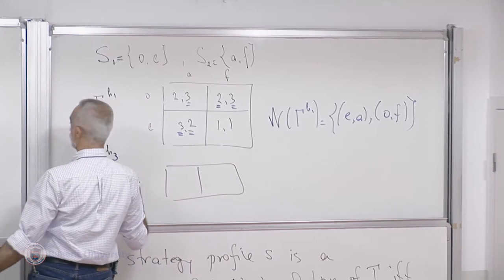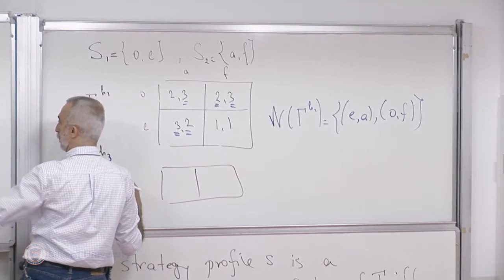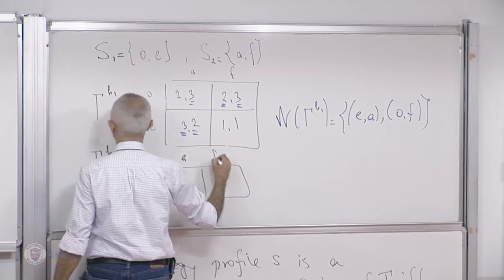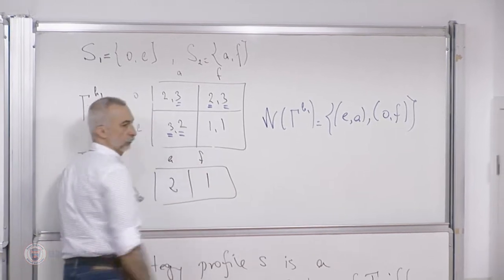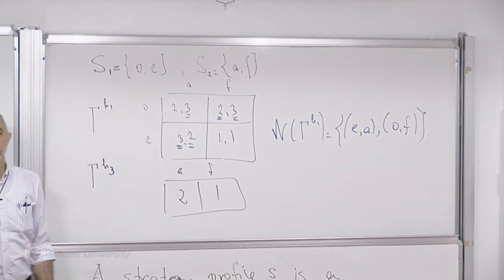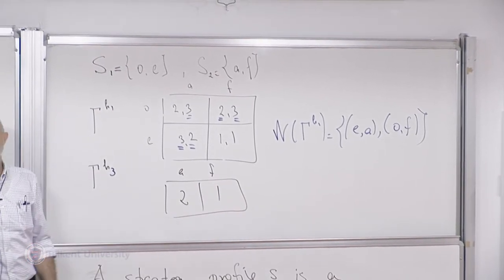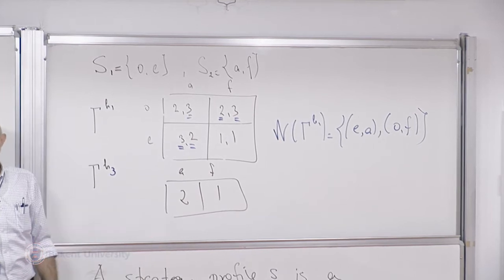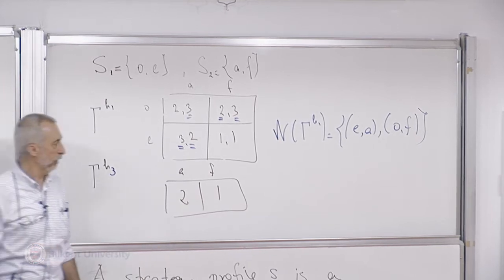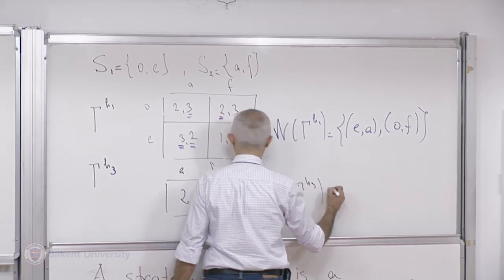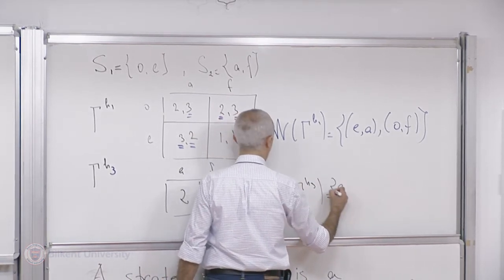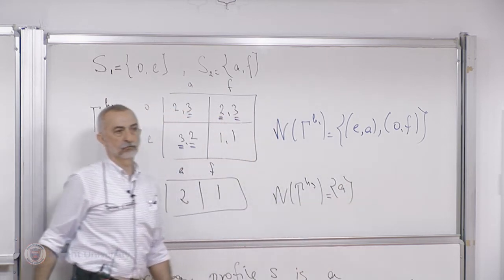There's only one player, player 2, and it has 2 actions, A, F, and the payoffs are 2 and 1. Well, what is the Nash solution? If there's a single player, it just optimizes its own action. So the Nash solution of gamma H3 is A. Okay.